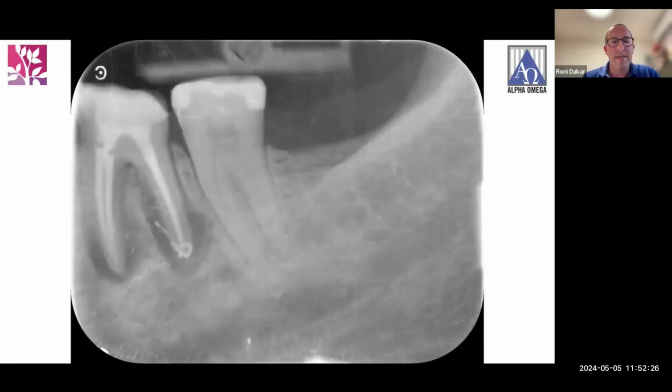So I stained, and indeed there was no seen crack. And therefore I performed the root canal treatment and asked the dentist to do a crown with a temporary crown and wait a few months.